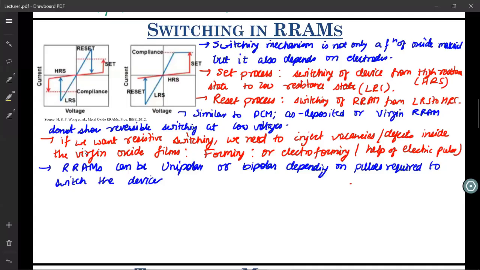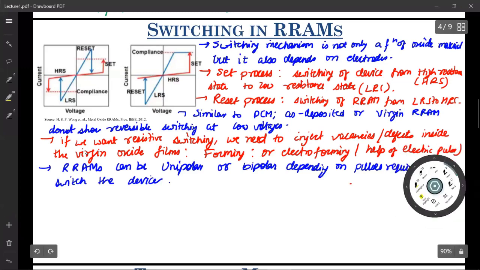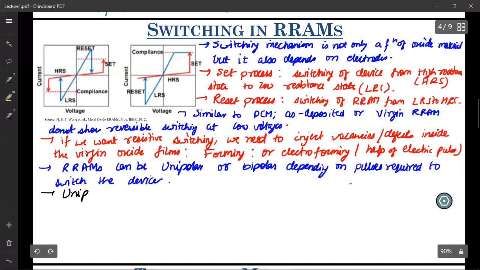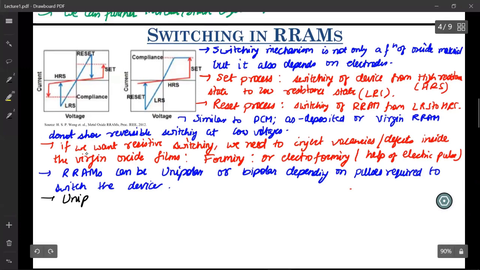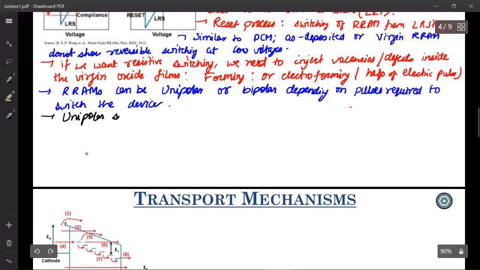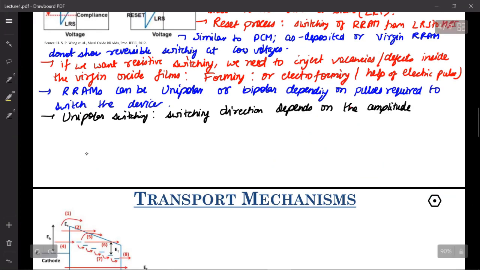So in the case of unipolar switching, the switching direction, I mean whether it's from LRS to HRS or from HRS to LRS, depends only on the amplitude of the pulse and not the sign.